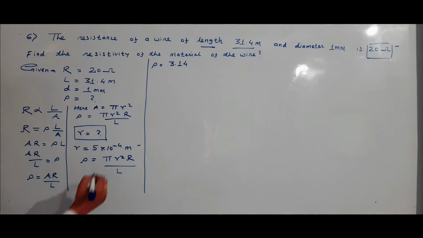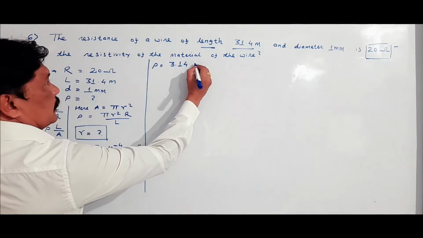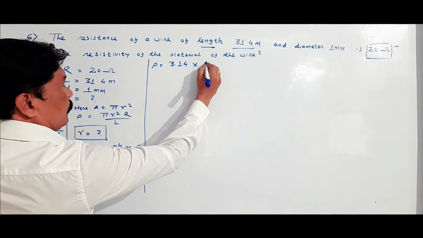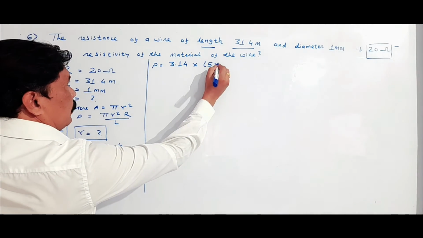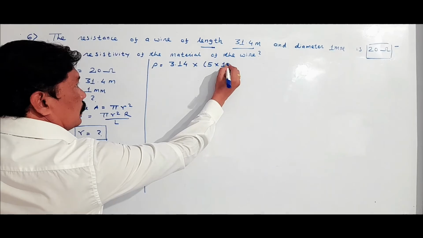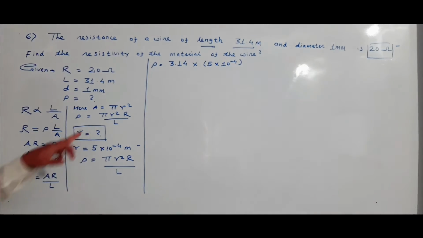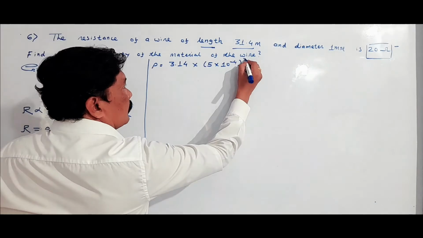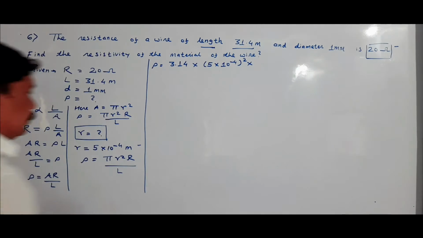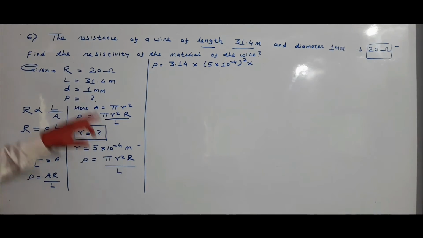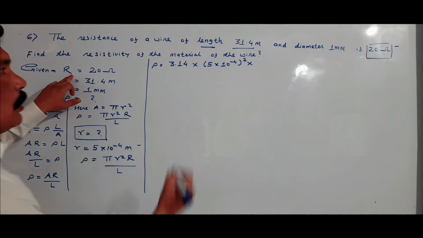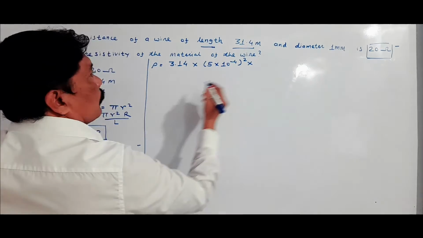Value of pi, radius is 5 into 10 to the minus 4, square, into resistance, and resistance is given 20 ohms.